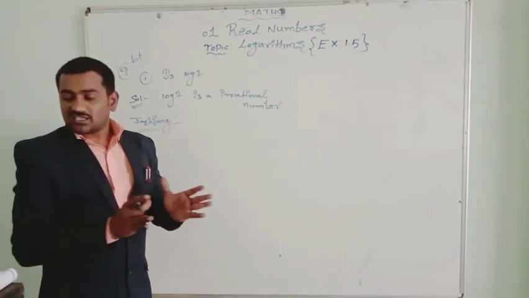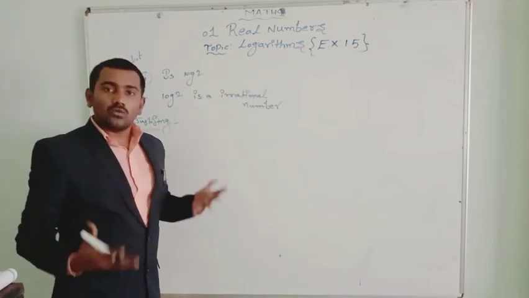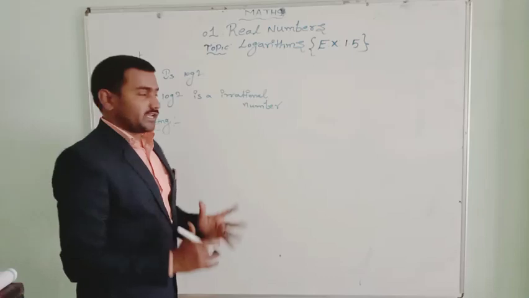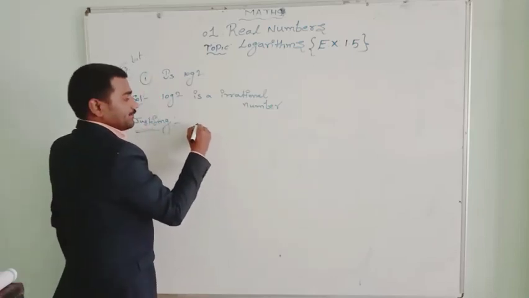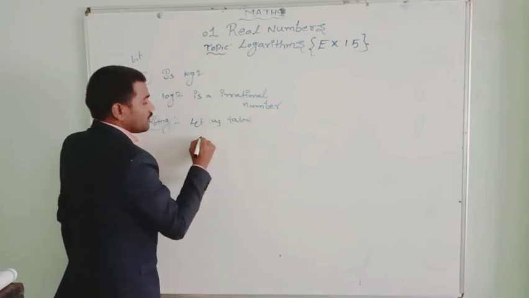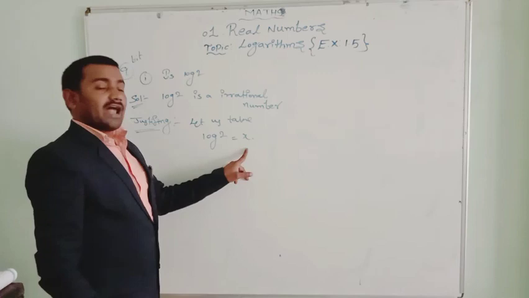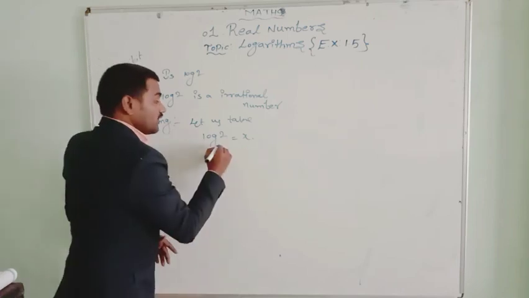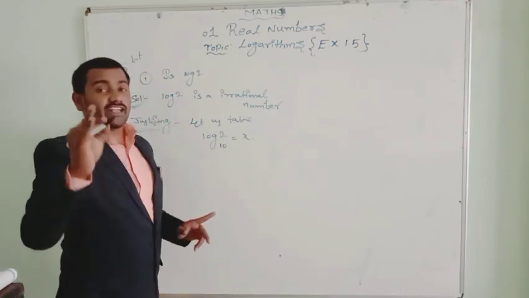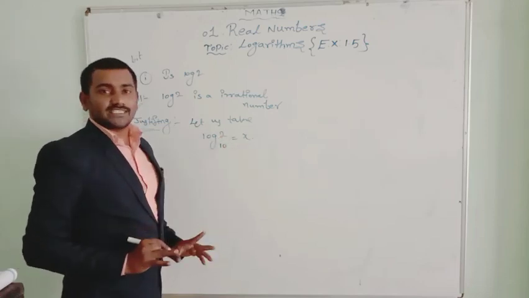Let me explain how it is irrational. Let us assume log 2 equal to x. We know that if there is no base, we always take 10 as the base. Now log 2 base 10 equals x.